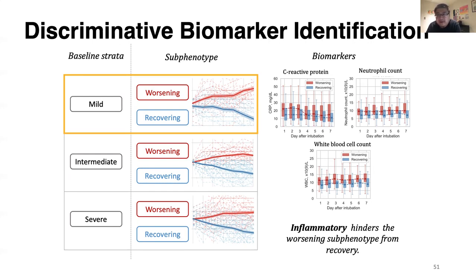We can see that these markers were significantly higher within the first 7 days after intubation for the worsening group compared to the recovering group. This may suggest that an inflammatory mechanism prevents the worsening subphenotype from recovery within the mild stratum.